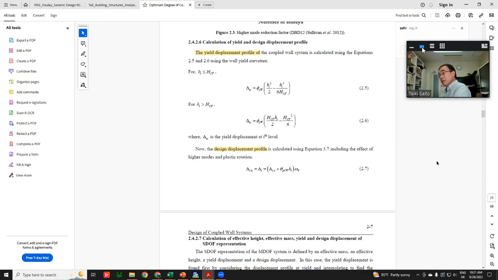But we do pushover, even with the viscoelastic damper, with pushover neglecting the viscoelastic damper, then we estimate velocity. I mean, from the pushover result, we multiply omega, right? Yes, and we can get the velocity. And we can calculate the equivalent damping of this viscoelastic damper. So this is the procedure of displacement-based design.